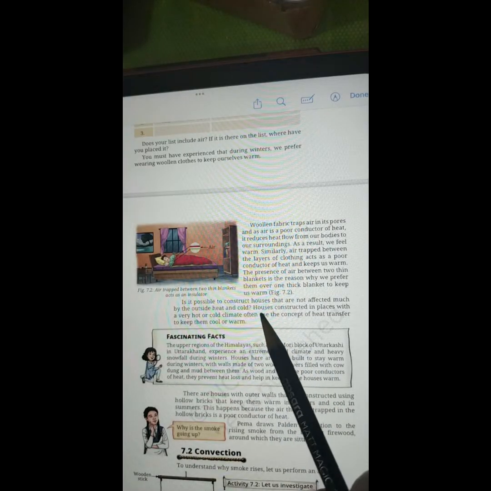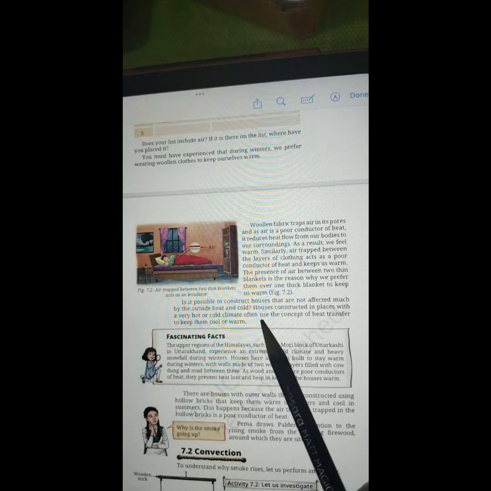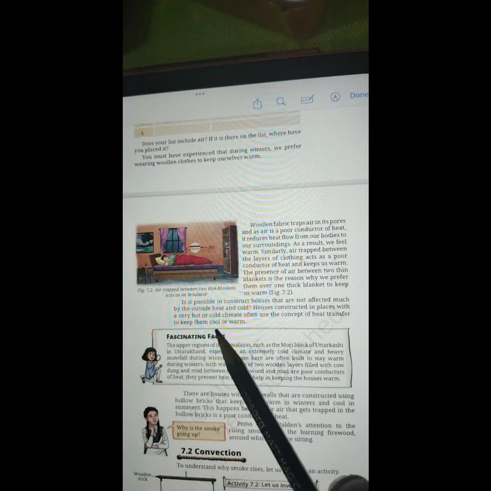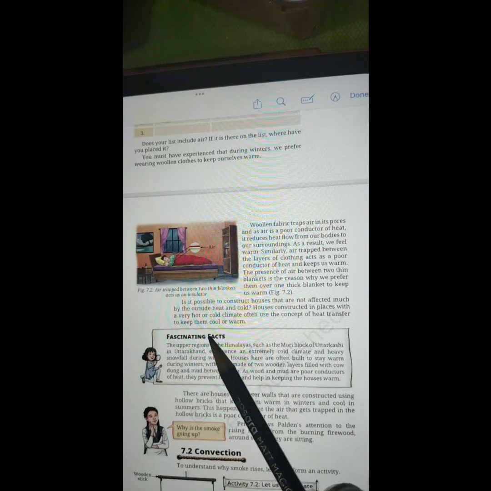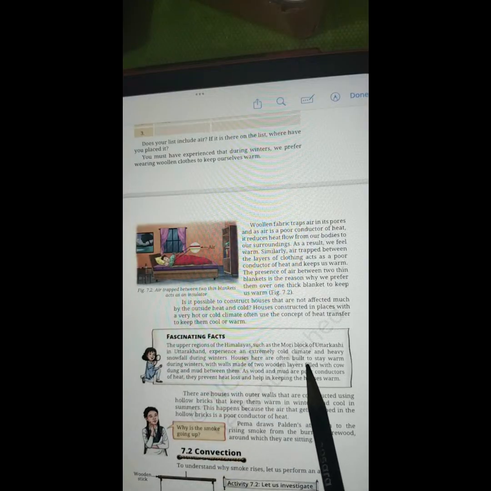Is it possible to construct houses that are not affected much by the outside heat and cold? Houses constructed in places with a very hot or cold climate often use the concept of heat transfer to keep them cool or warm. Fascinating facts. The upper region of the Himalayas, such as the Mori block of Uttarkashi in Uttarakhand, experiences an extremely cold climate and heavy snowfall during winters.